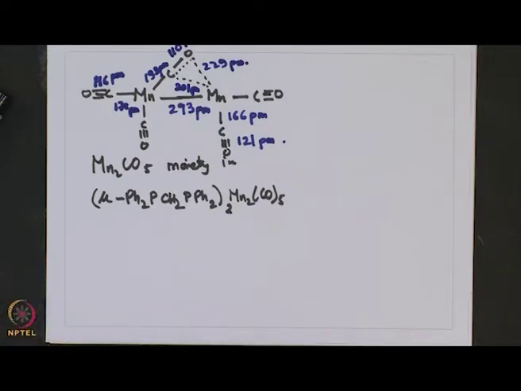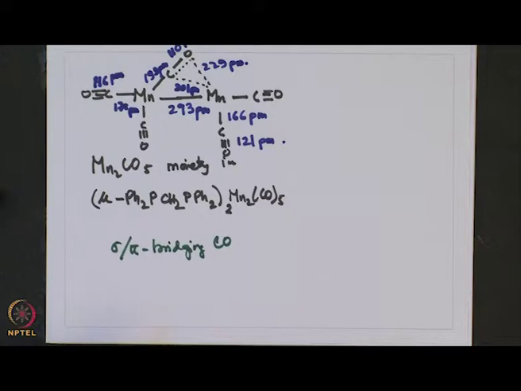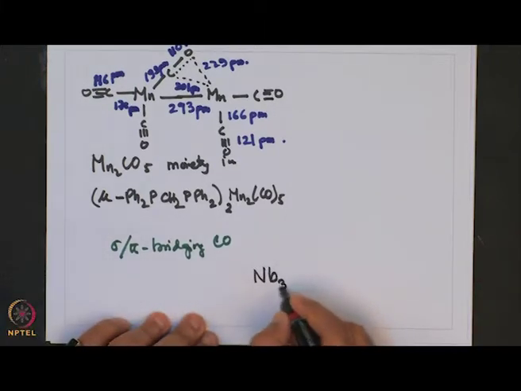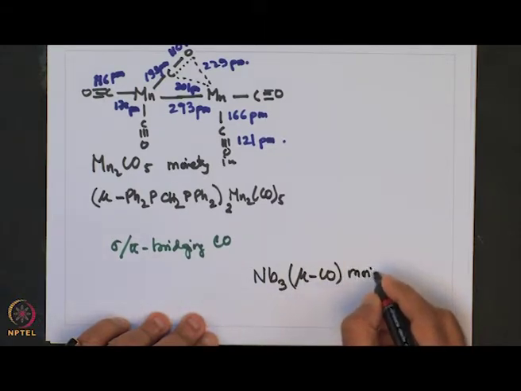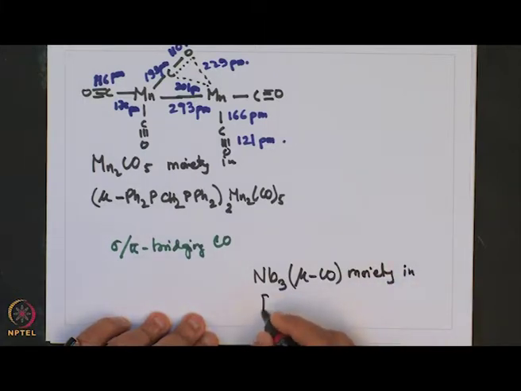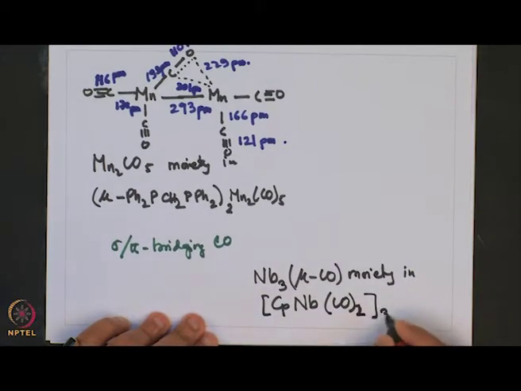Similarly, another example of this sigma pi bridging carbonyl is found in the Nb3 mu-CO unit, the moiety in Cp Nb(CO)2 whole 3 mu-CO.